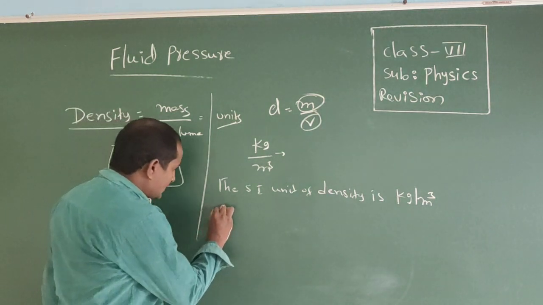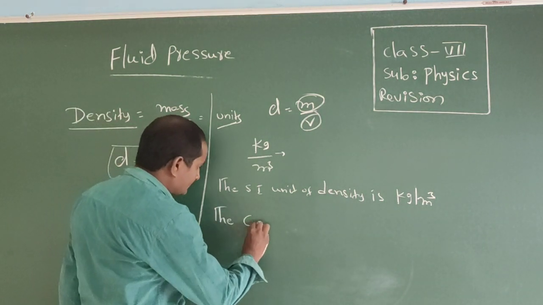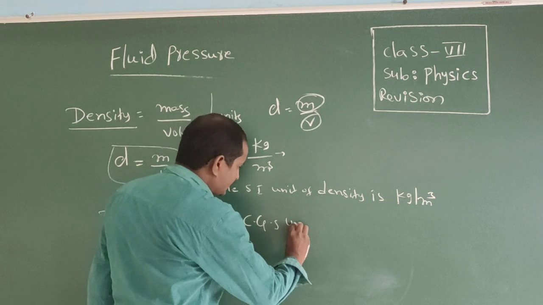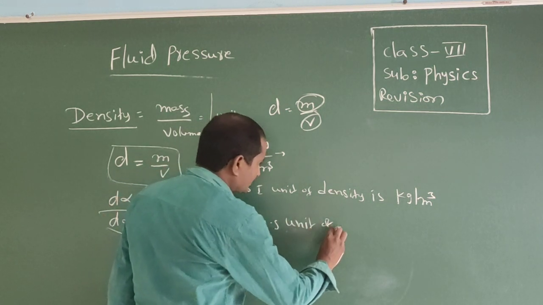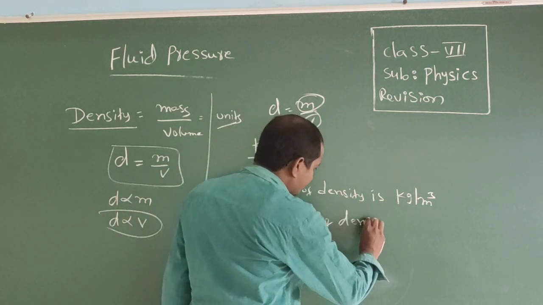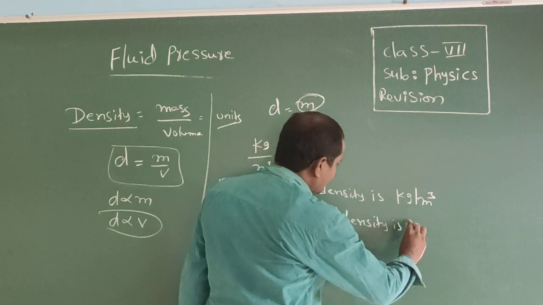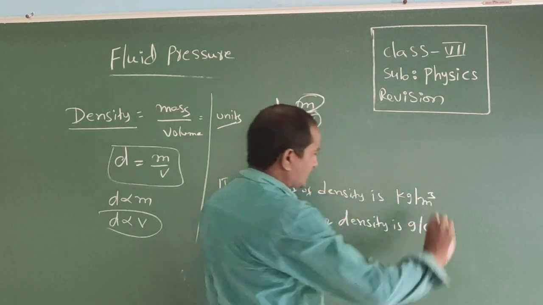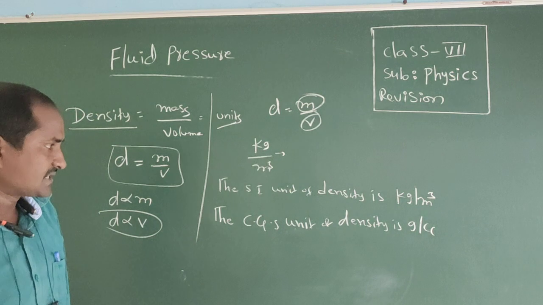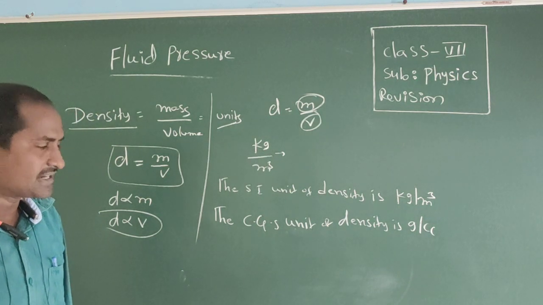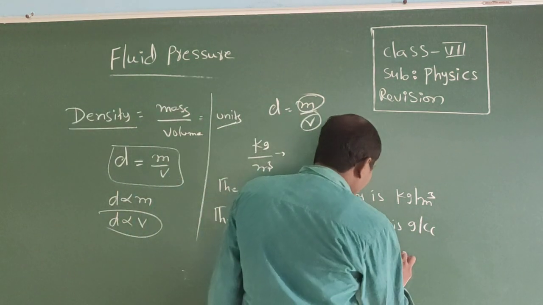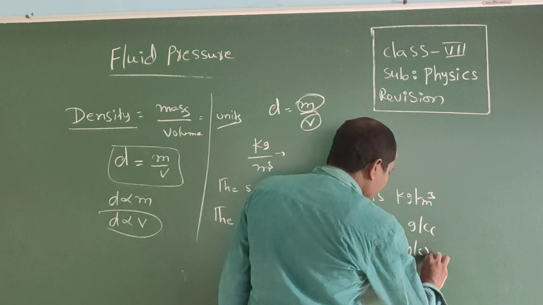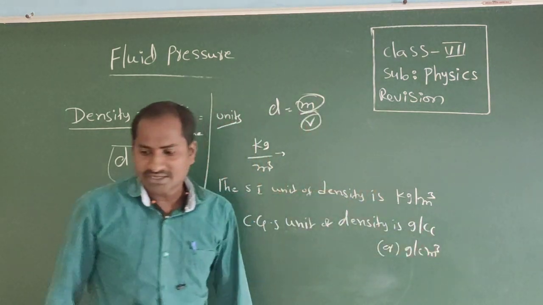At the same time, the CGS unit of density is gram per cc, where cc means centimeter cube, so we can write gram per centimeter cube.